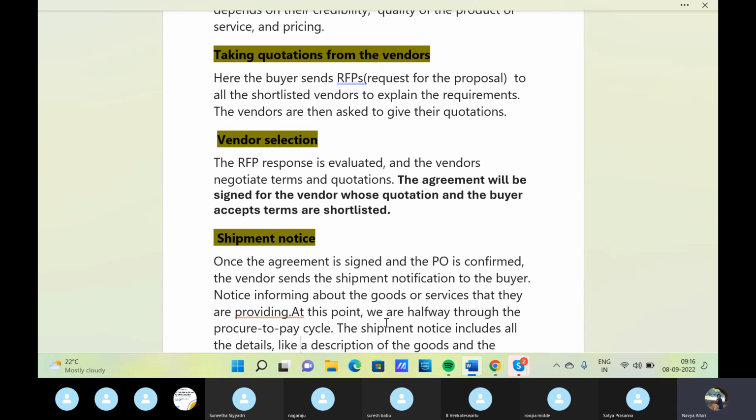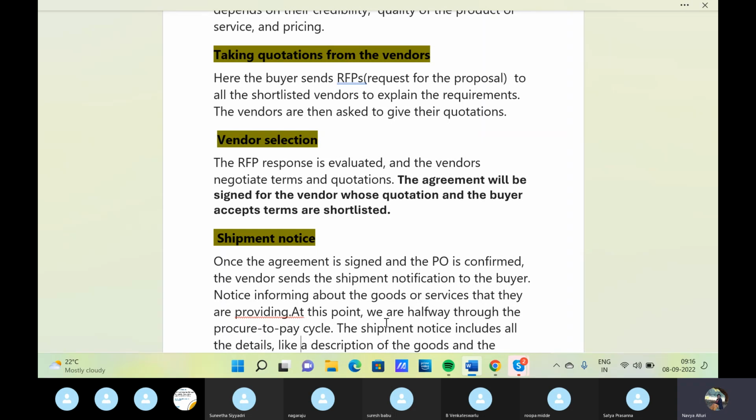After that, the vendor will send the quotation to the buyer. In this agreement, the terms and conditions are included, like what we need, which type of material, delivery times, quantity and quality information, and the price details are also included.